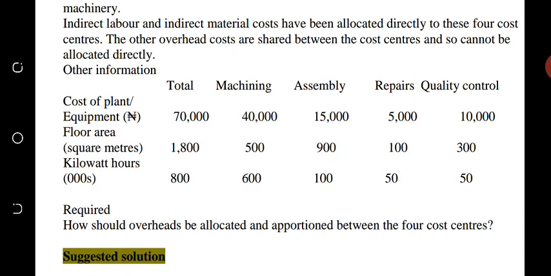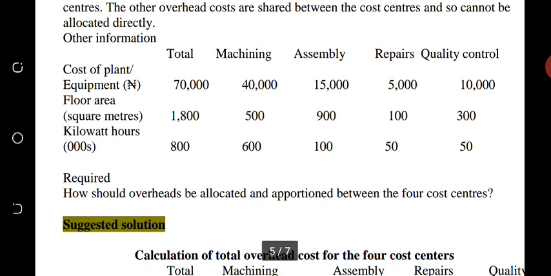We have the cost of plants or equipment, which is 70,000 naira in total: machining has 40,000 naira, assembly has 15,000 naira, repairs has 5,000 naira, and quality control has 10,000 naira. When you add the four together, it is 70,000 naira.